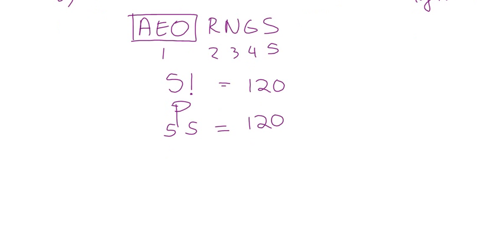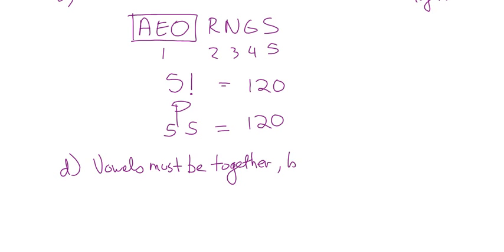Let's do one more. What if they've got to be together? So vowels must be together, but not necessarily in order. So I've got to have all 3 vowels together, but they could be A-E-O.